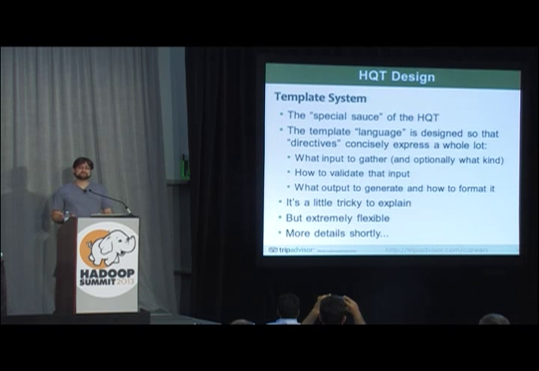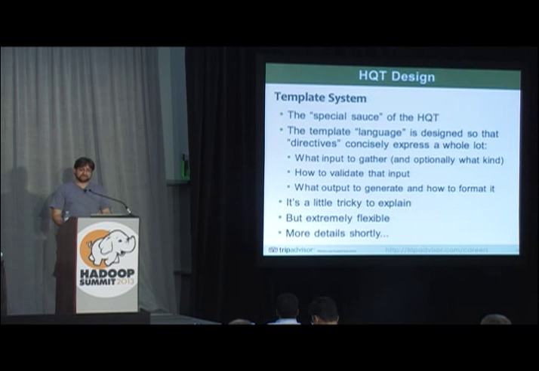The template system is, like I said, kind of the special sauce. There's this template language, and when you embed these directives into HQL, the directives are overloaded. They're just function calls, really, for the underlying template engine, and the function calls know what context they're being called in.